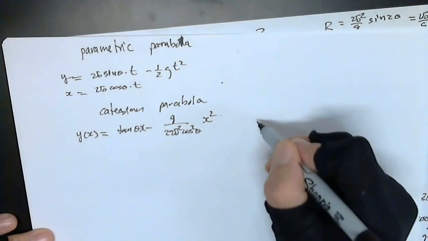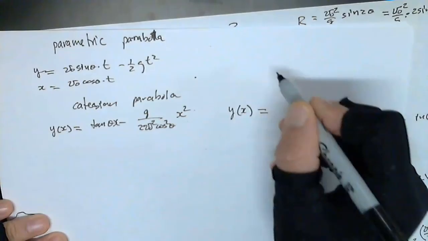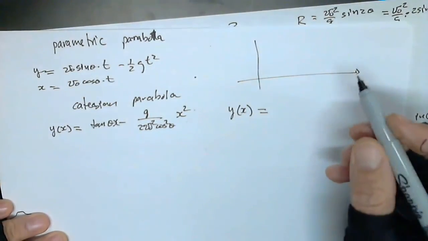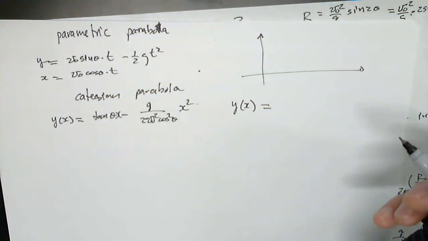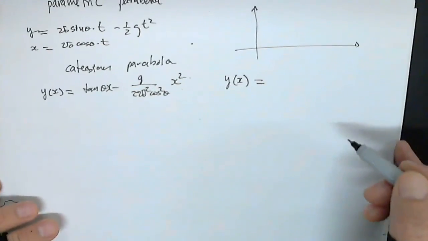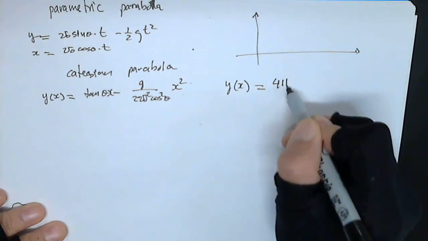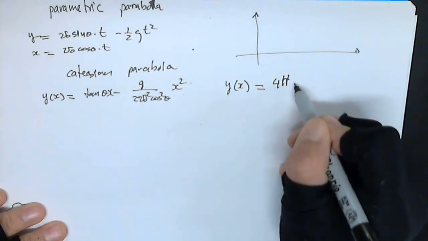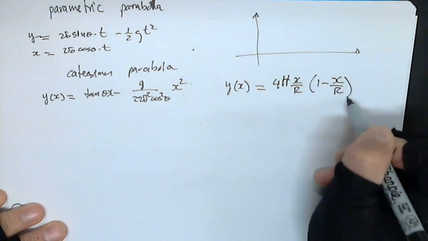This is the Cartesian parabola, in terms of the dimensions that are in length: h x over r times 1 minus x over r.